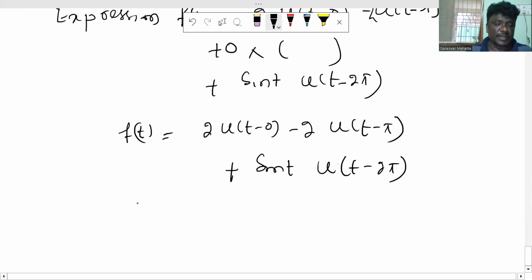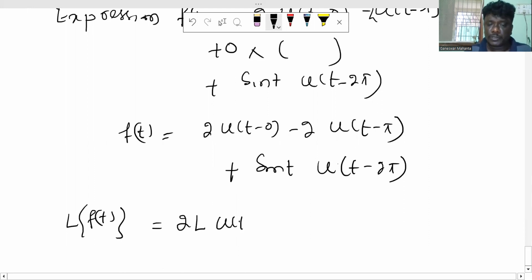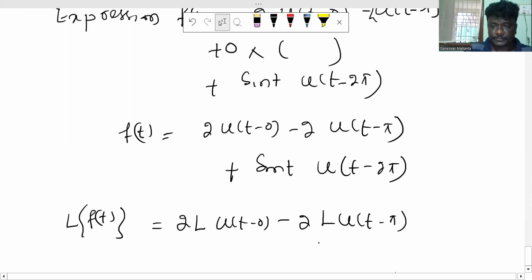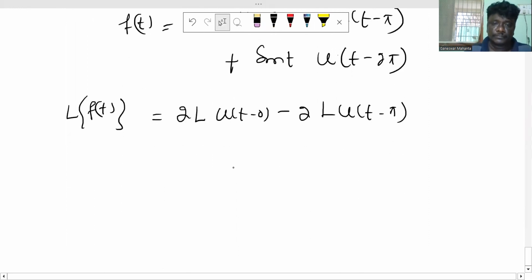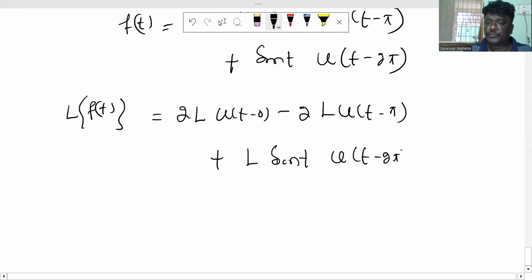Now when we take the Laplace of this function, Laplace of f of t is equal to 2 Laplace of u(t minus 0) minus 2 Laplace of u(t minus 5) plus Laplace of sin t u(t minus 2 pi). Just remember this condition: the Laplace of u(t minus 0) is e to the minus s by s.